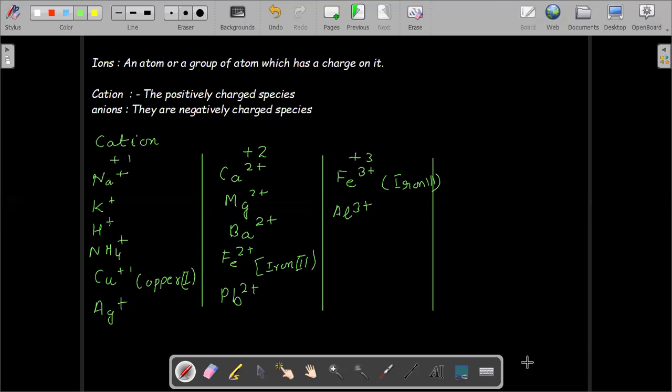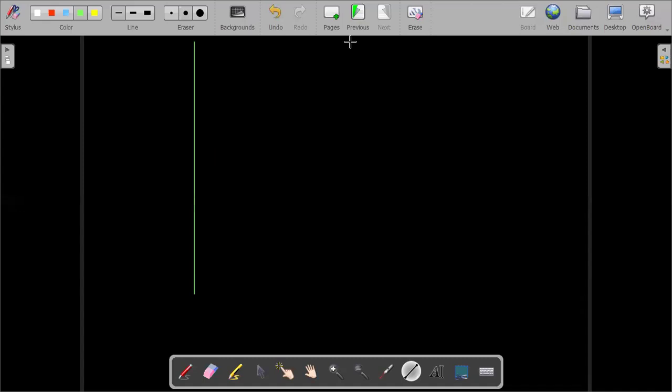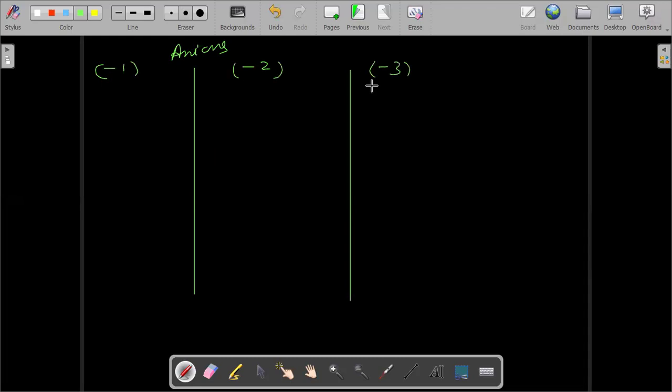Next, we put here the list of anions, which have a charge of -1, -2, and -3.